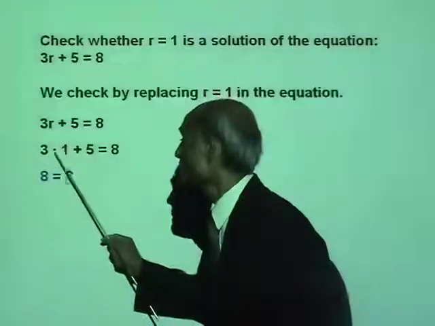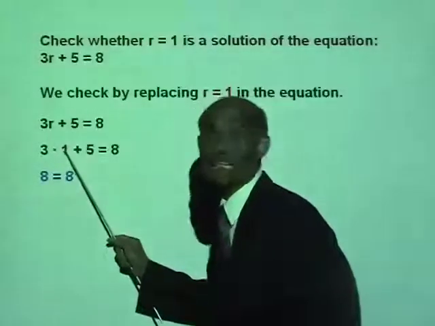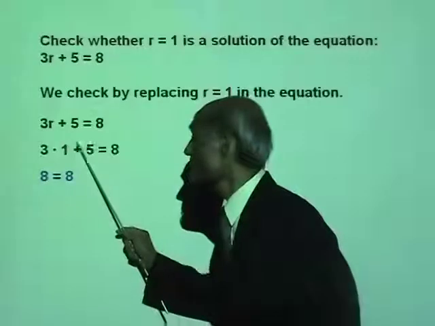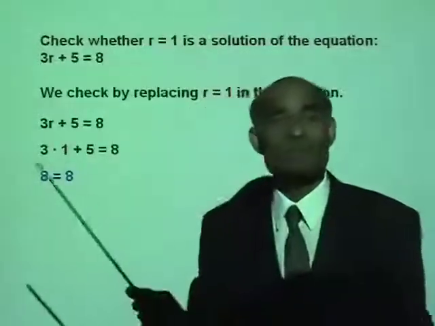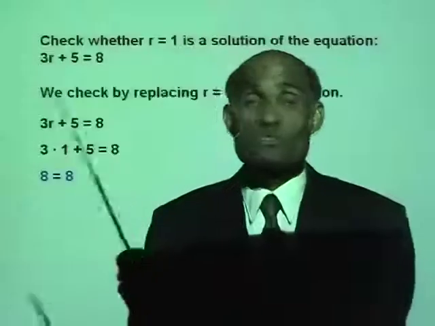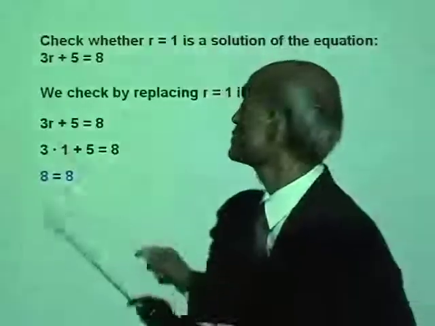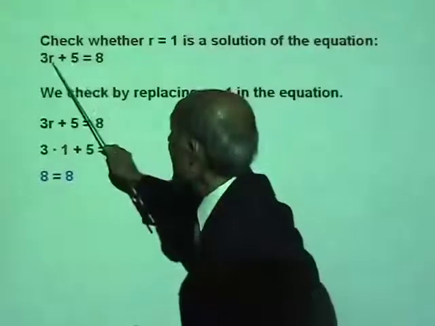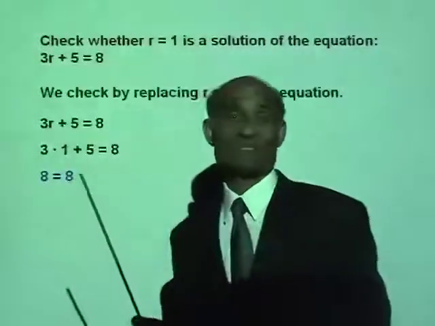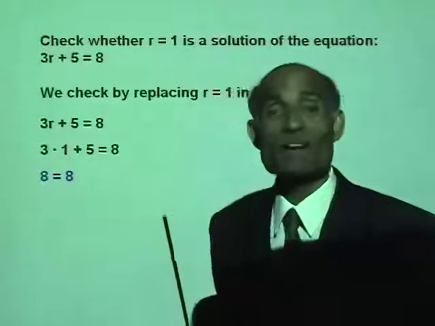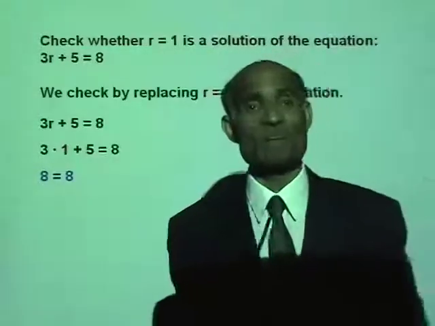That is 3 times 1 is 3. And 3 plus 5 is 8. We get the statement 8 equal to 8, which is a true statement. That means replacing r by 1, we have a true statement. That means r equal to 1 is a solution of that equation.